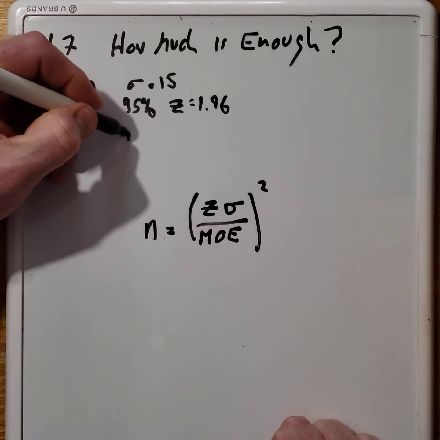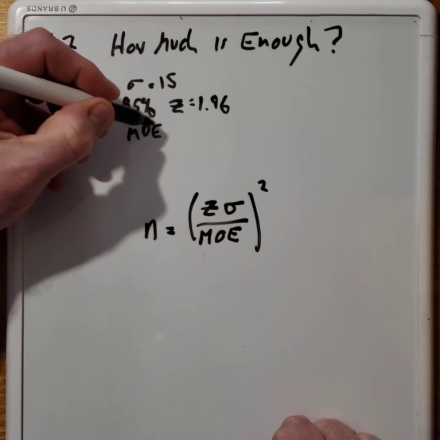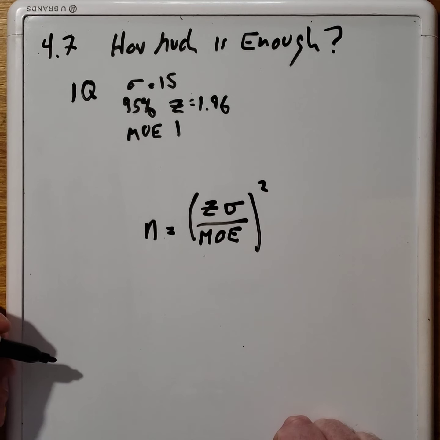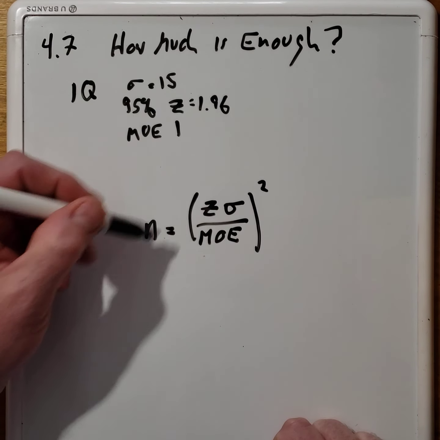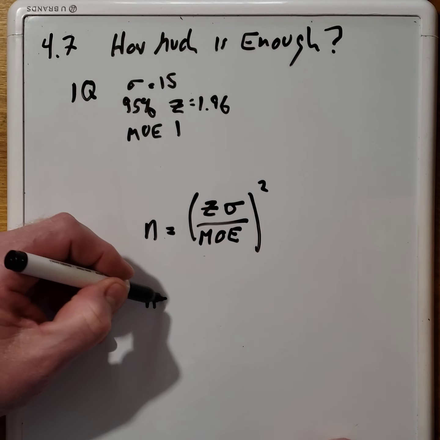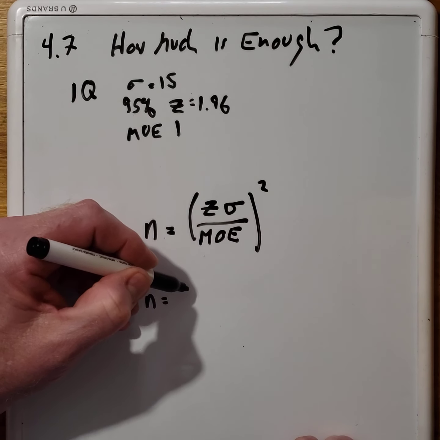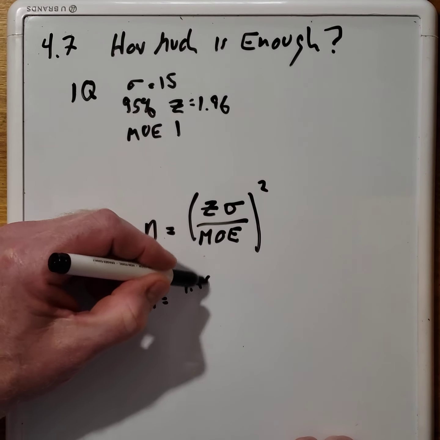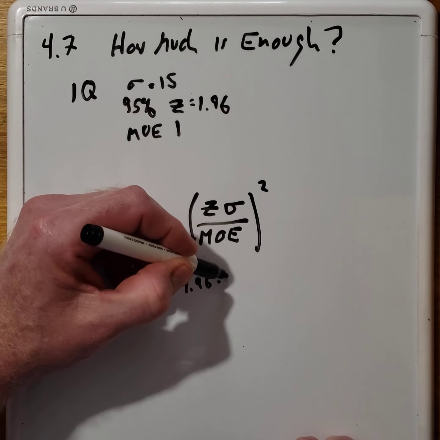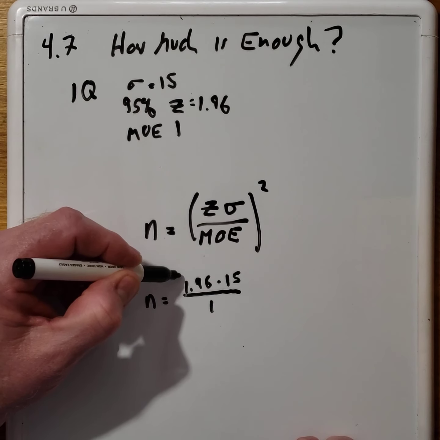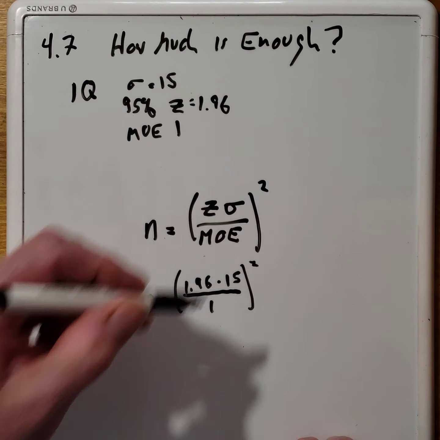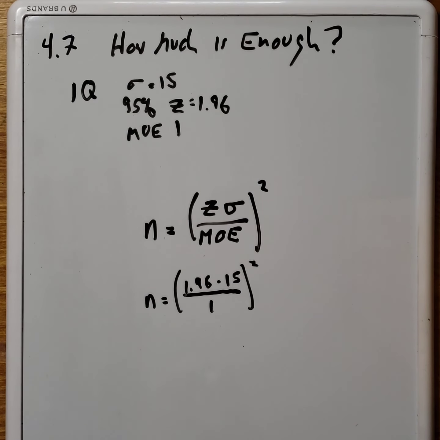Suppose we would want our margin of error to be 1. Well, then we can use this formula here. The number of people we're going to need in order to accomplish this is going to be 1.96 times our 15 divided by our margin of error of 1, and then we'll square that whole thing.